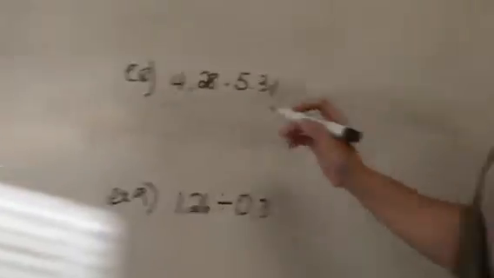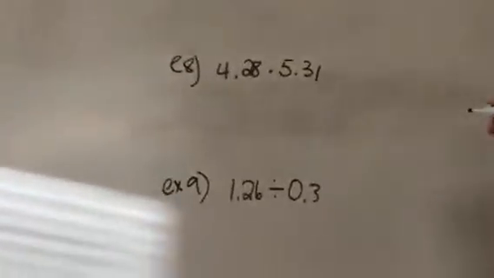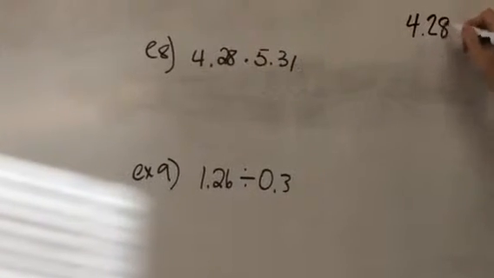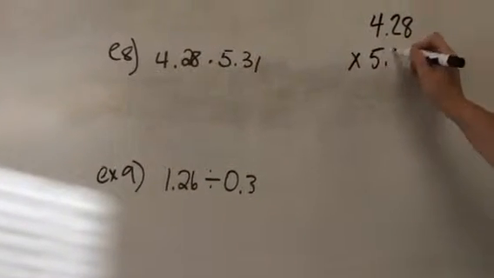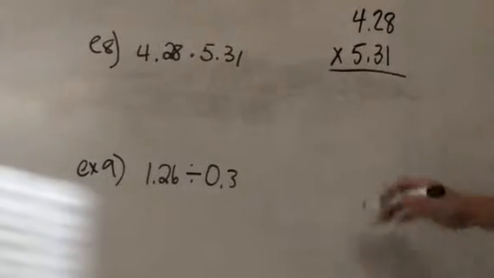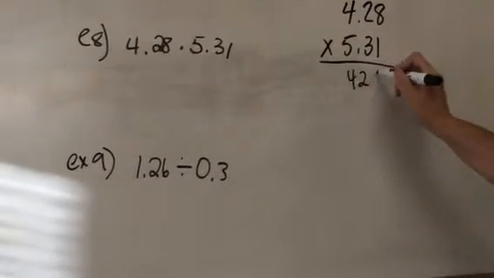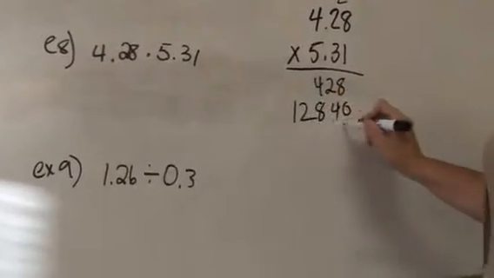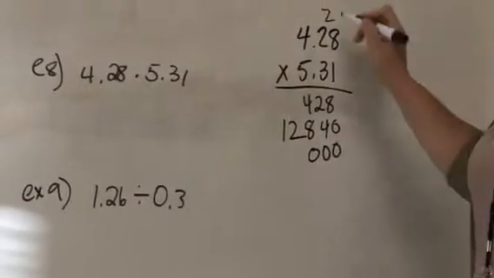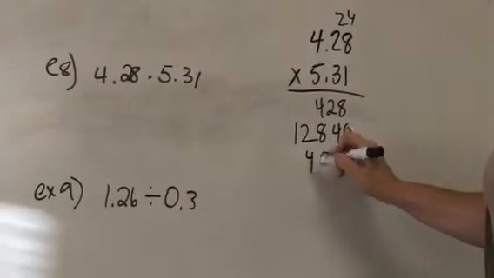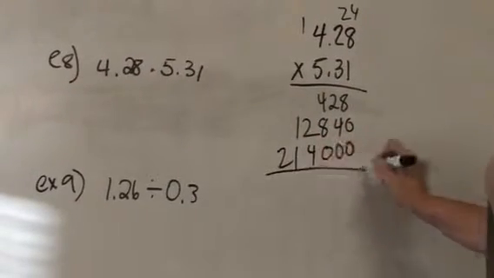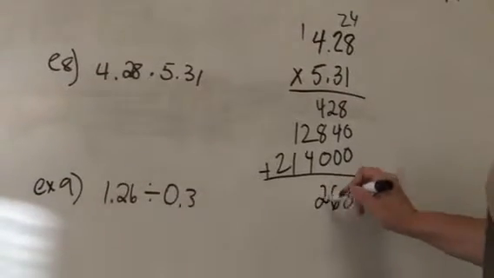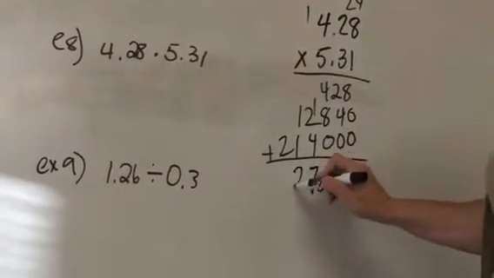Okay, now we have decimals. 4.28 times 5.31. So you actually have to set it up. You have to do out the multiplication, just like you normally would. 40, carry the 4, 10, 11, 12, 13, 14, 21. Okay, add that up. 12, 4, 5, 6, 7, 2, 2.